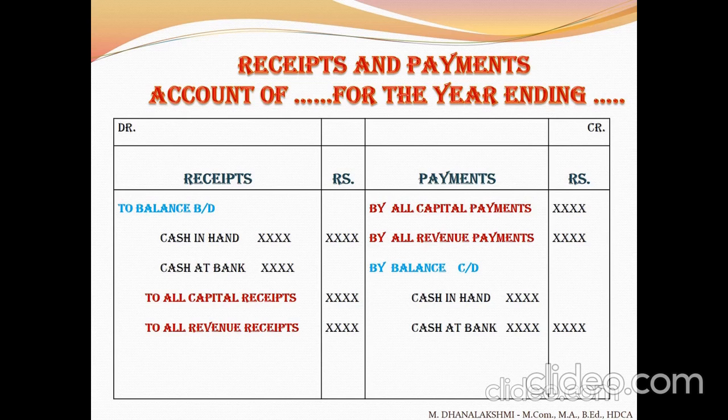Finally they will have some amount, which is called closing cash balance or closing cash at bank. This is the procedure to prepare receipt and payment account. In it, only inflow of cash is recorded on the receipt side and only outflow of cash on the payment side, and finally you will have a balance figure. This is the basic concept of receipt and payment account.